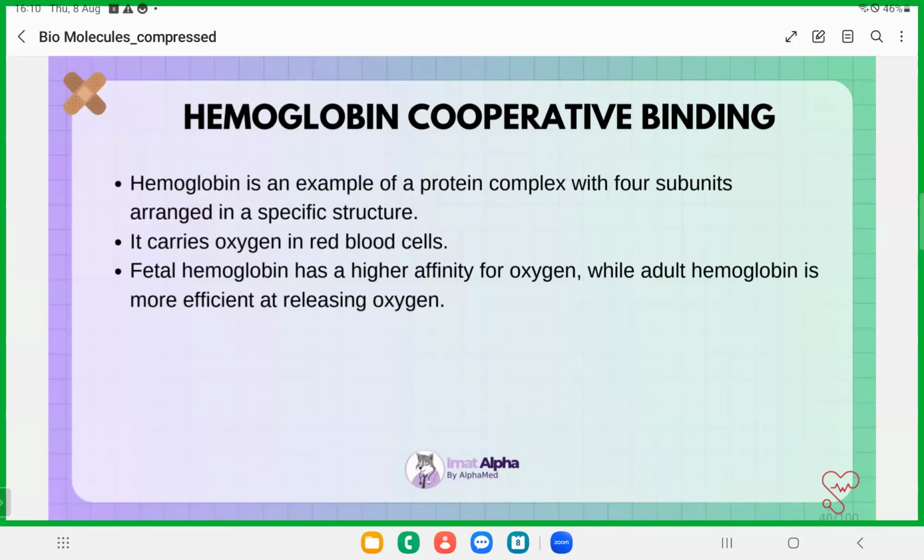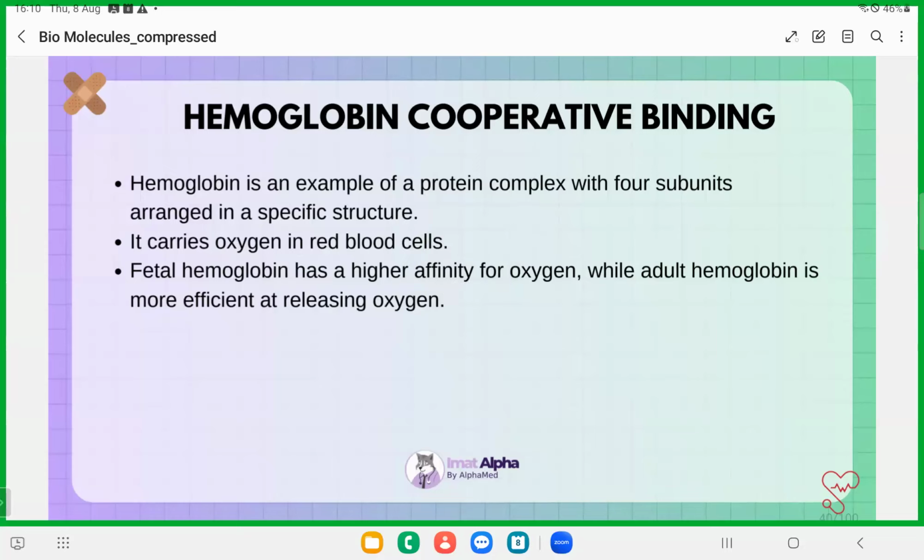So one of the most important notes you should know for the IMAT is that fetal hemoglobin has higher affinity to hold oxygen. However, adult hemoglobin releases more oxygen. Fetal means the hemoglobin of the zygote or of the baby, of the newborn.